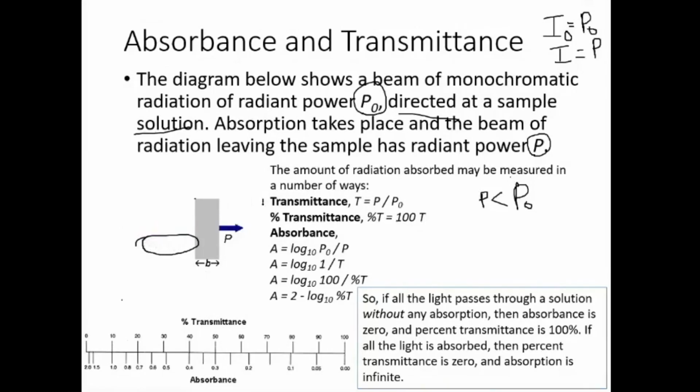The first way of measurement is transmittance. It is indicated by capital T and it is the ratio of P upon P0. Because P is a smaller value and P0 is larger, I will give you three options for the value of transmittance: always more than 1, always less than 1, or always 0.